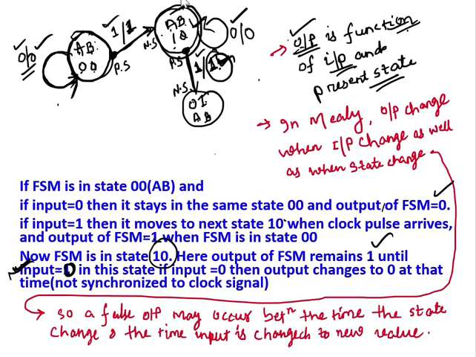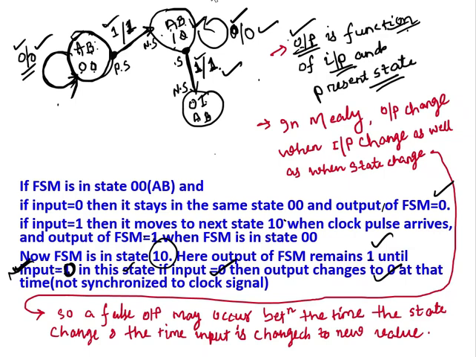So in this state, AB 1 0, if input equals 0, meaning this one, then what will happen? Then the output changes to 0. Before that the output equals 1 when input equals 1.